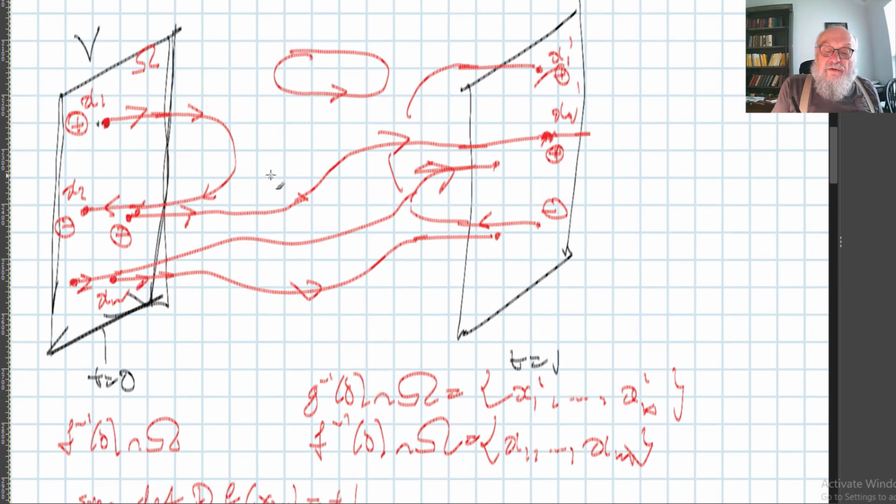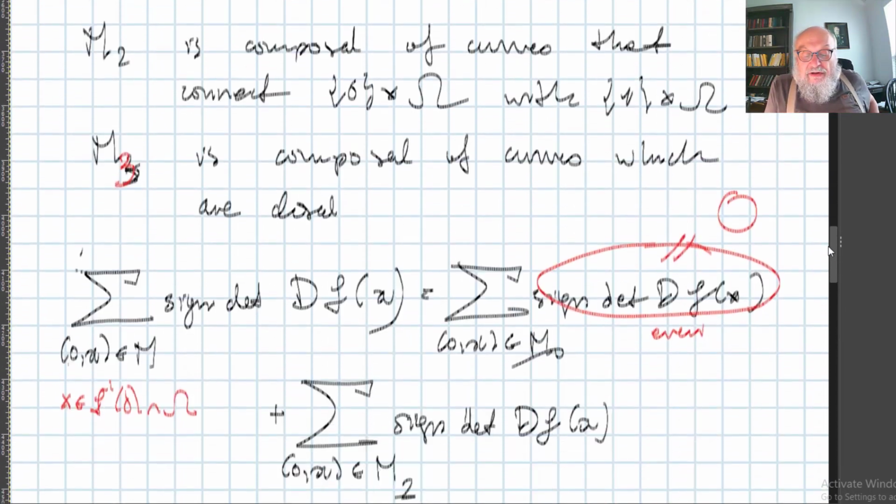And now we look at the picture again and we see that this will be now M2. Those curves actually transport us and connect to the corresponding points in the plane 1 times omega, and these corresponding values have the same sign of the determinant.